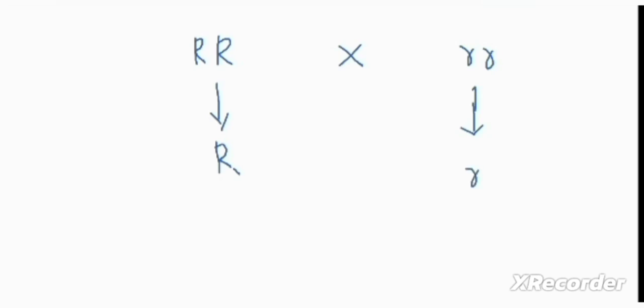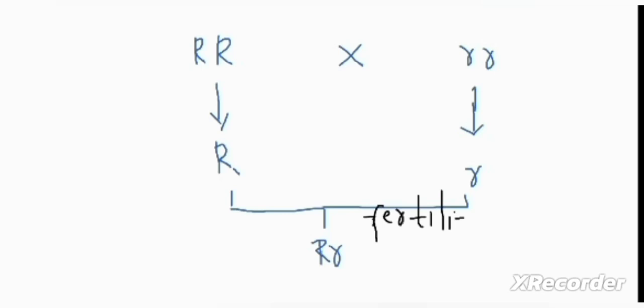One gamete has capital R allele and the other kind of gamete has small r allele. After fertilization, these two alleles combine and form a heterozygous allele combination, that is capital R small r. This is the F1 generation. F1 is the first filial generation that is formed after fertilization.